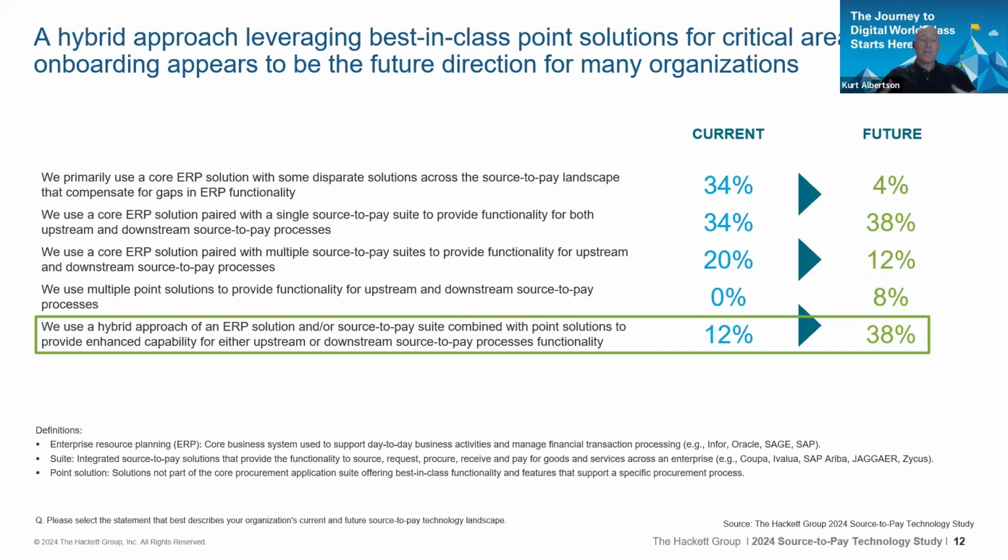And this supplier onboarding process is one of those areas where, over the last couple of years, we have generally been seeing organizations really look for best-in-class point solutions, because the functionality in some of the suite solutions and ERP solutions just doesn't get them to what they need. So that's why we're seeing that high not achieving business objective realization that I showed you on that last slide.